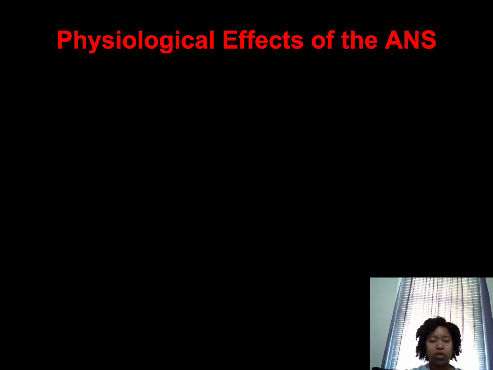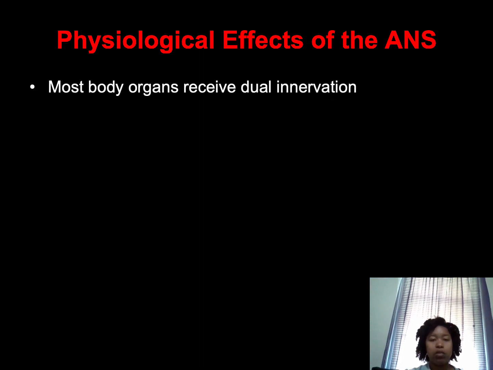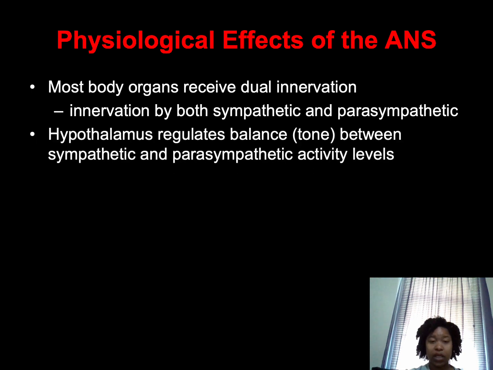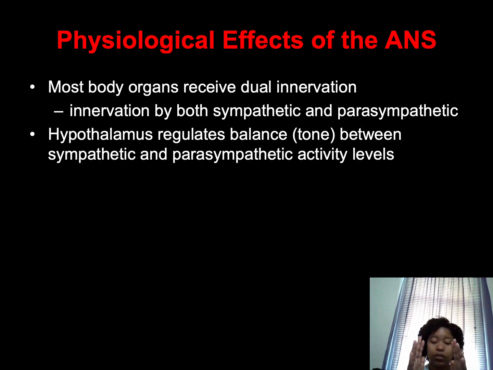So what are some physiological effects of the ANS? Most body organs receive dual innervation. Remember, dual innervation means that it's innervated by both the sympathetic and the parasympathetic nervous system. The hypothalamus regulates the balance between them, and that balance is called tone, the homeostatic orientation of your parasympathetic and sympathetic systems.